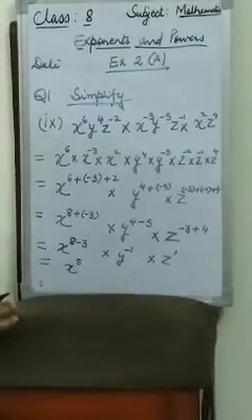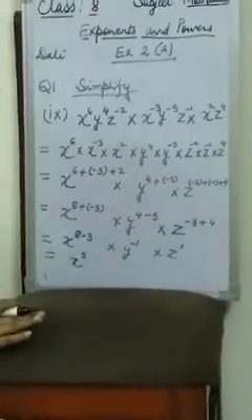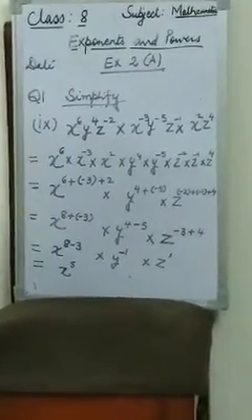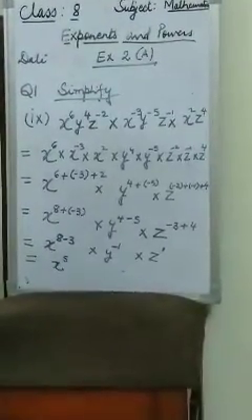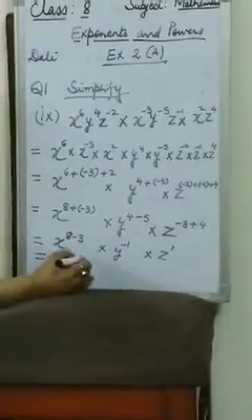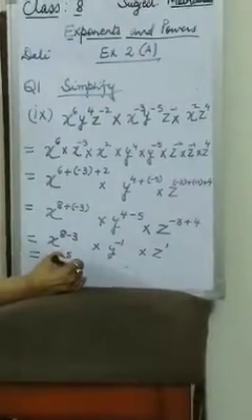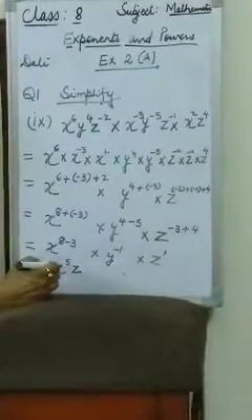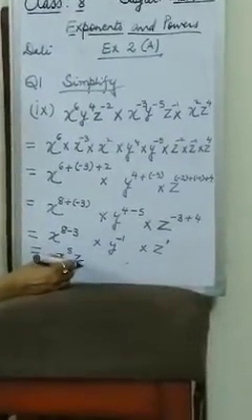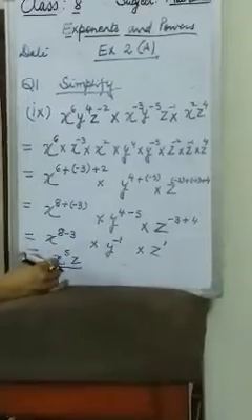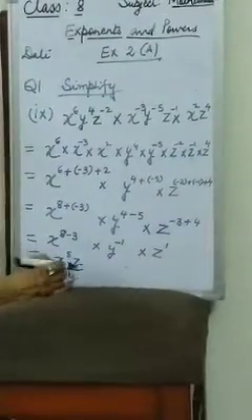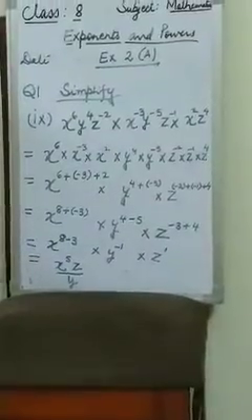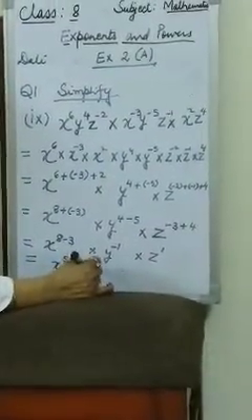Negative index we should avoid writing, so we convert negative index into positive index by taking its reciprocal, so it goes in the denominator and we write z. Power 1 is not written, it is understood, so I do not write 1, and I transpose y in the denominator. That becomes x to the power 5, z upon y. This is your answer.